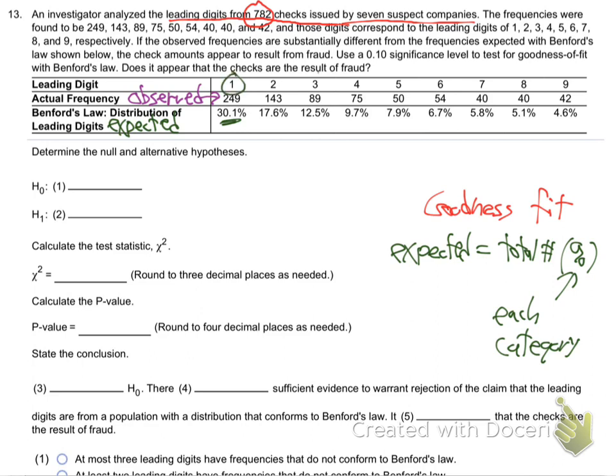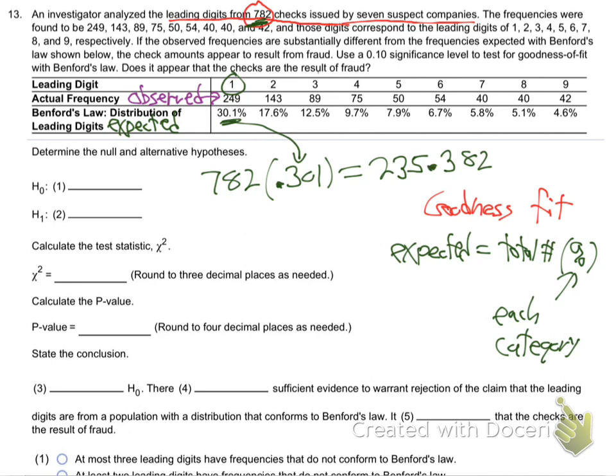Well, how many is that? Well, you take the total number of checks, 782, times 0.301. You turn that percentage into a decimal, multiply that in your calculator, and you get 235.382.